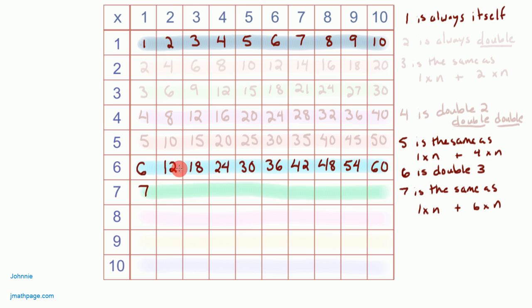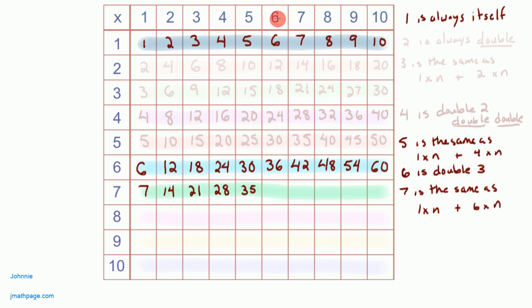So 2 plus 12 is 14. 7 times 3, 1 times 3, and 6 times 3. 3 plus 18 together, 21. 7 times 4, same as 1 times 4, plus 6 times 4. 4 plus 24 is 28. 7 times 5 is the same as 1 times 5, plus 6 times 5. 5 plus 30 is 35.